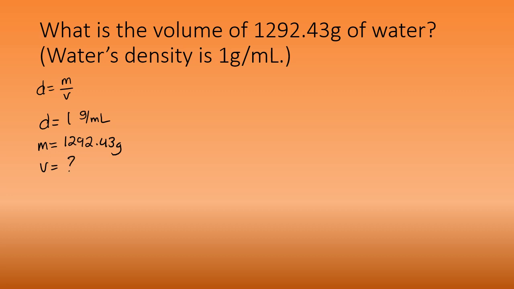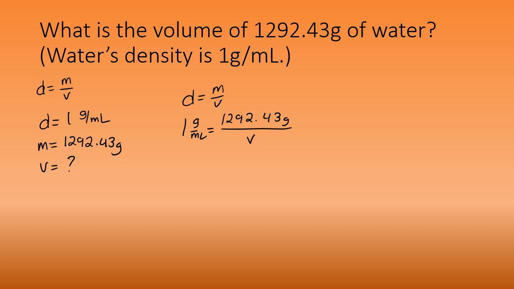We'll rewrite our formula and then rewrite it again, replacing with things we know. 1 gram per milliliter is equal to 1,292.43 grams divided by some unknown volume. Again, the algebra works out for problems with unknowns in the denominator. You just switch the denominator and what is on the other side of the equal sign.